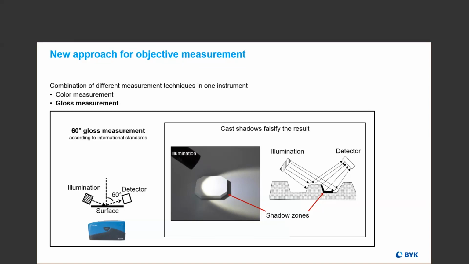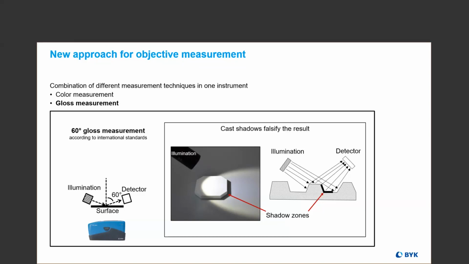It's not due to the surface being low gloss, it's just due to structures in the surface reflecting that light off at different angles. So this is going to falsify our gloss results, or give us results that don't match well with the visual. And so we're not really getting a true measure of how glossy the surface actually looks.